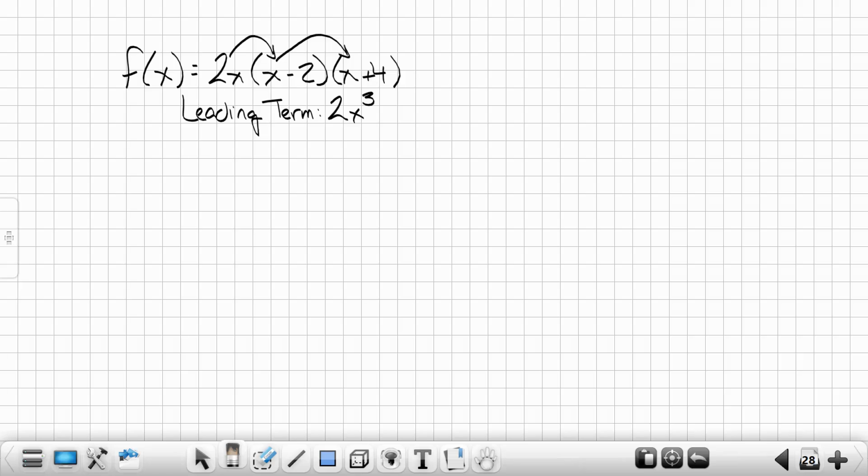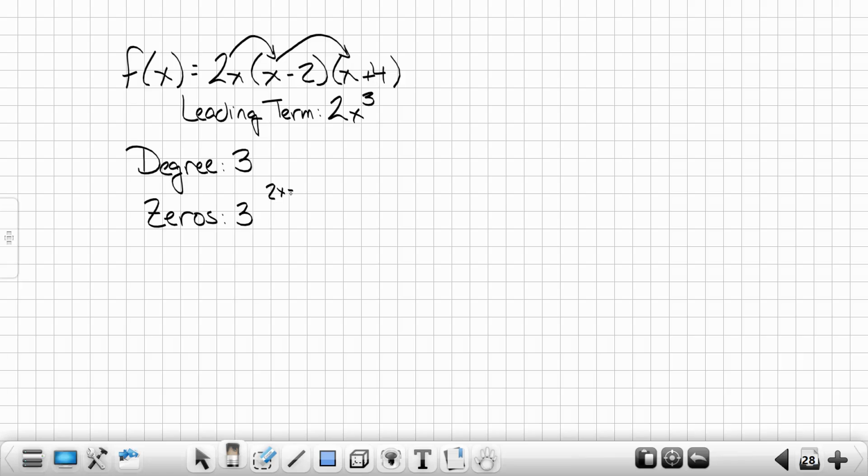Being able to look at it and determine what the leading term is, is important to me. So what's the degree on that? 3. How many zeros are there? 3. However many factors I have is how many zeros I have. I have 3 zeros.